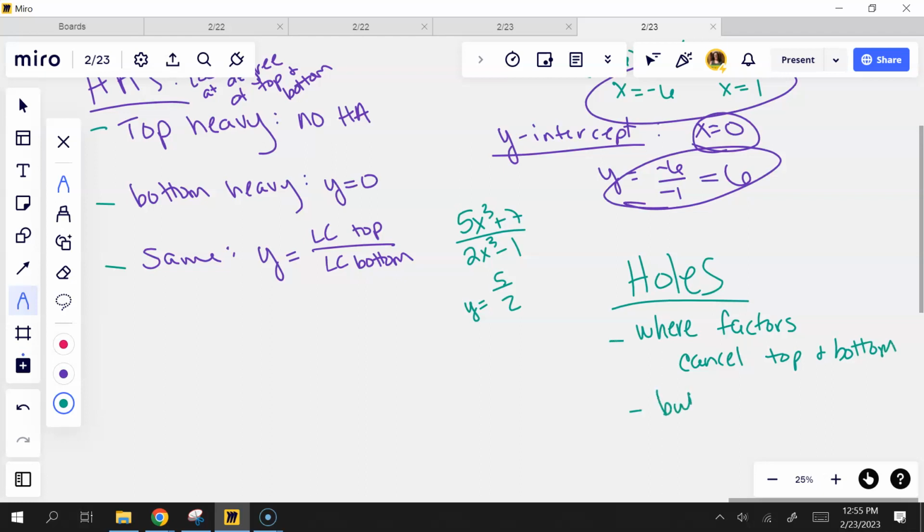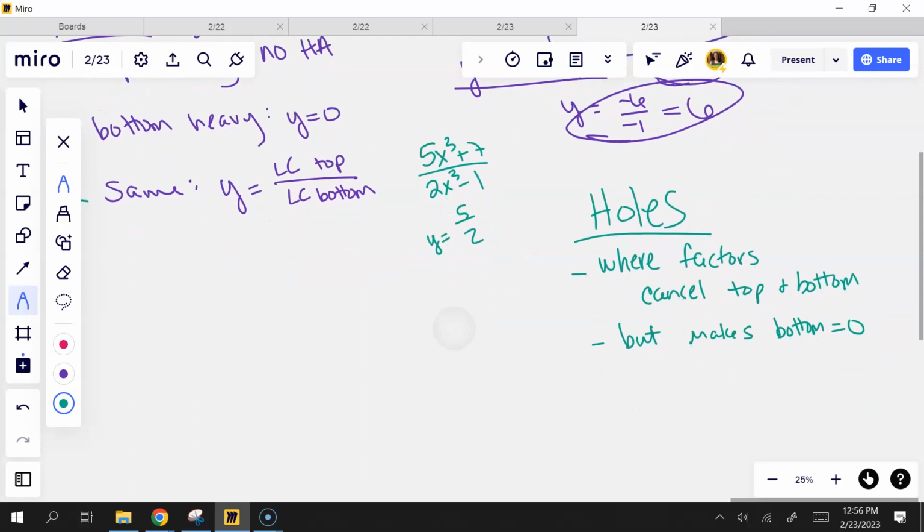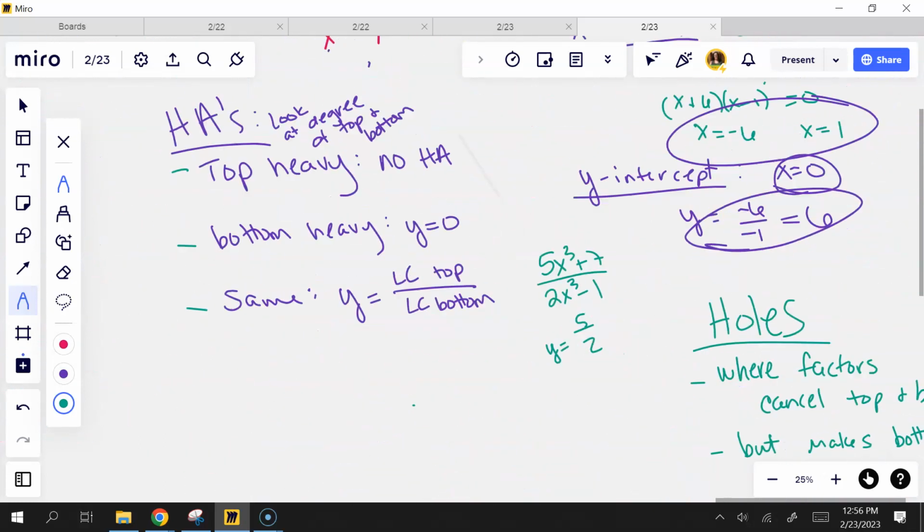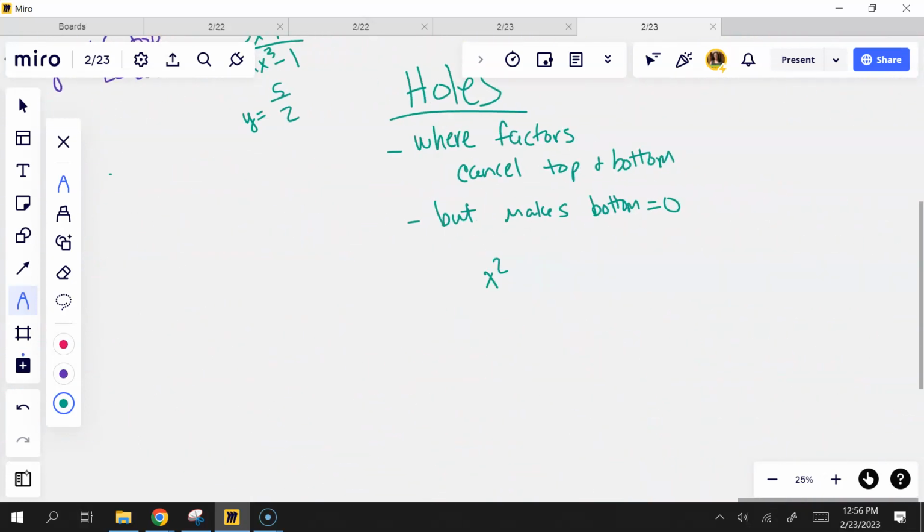But if you plug into the original equation, it would make the bottom equal to 0. In other words, look at the equation that I started with. I have to scroll up just a little bit. It was x squared plus 5x minus 6, and we factored this instead.